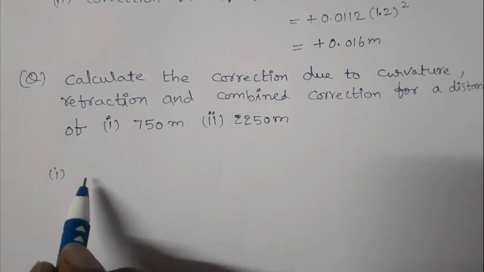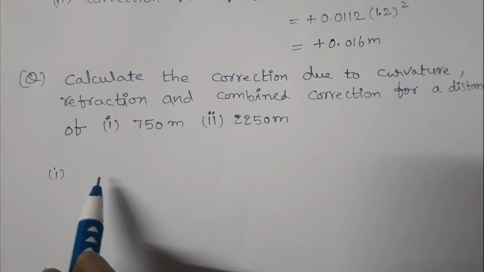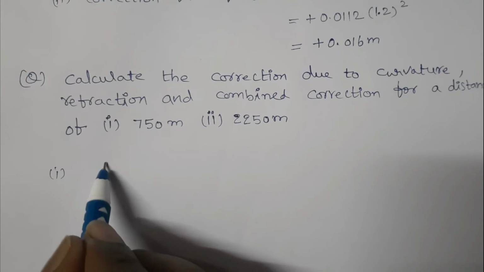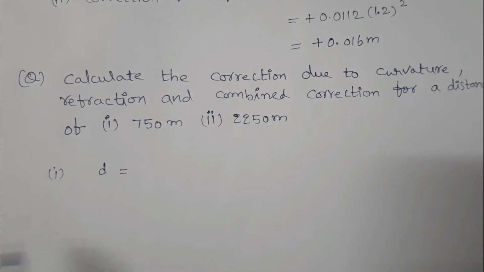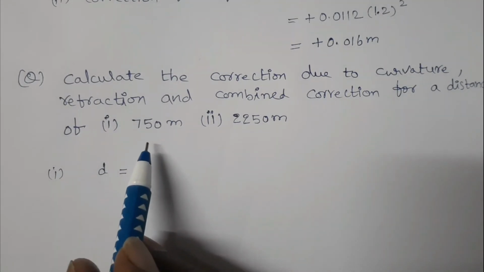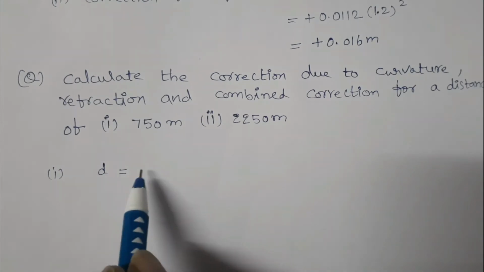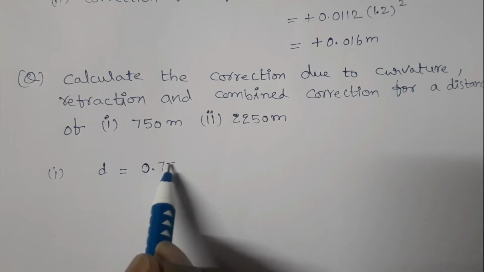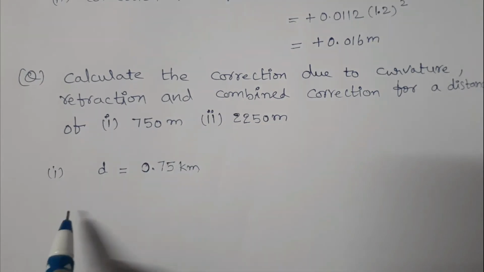Calculate the correction due to curvature, refraction and combined correction for a distance of number 1, 750 meters, number 2, 2250 meters. The distance between staff and instrument is 750 meters. That is small d is equal to 750 meters. We have to take this value in kilometers. Therefore, d is equal to 0.75 kilometers.